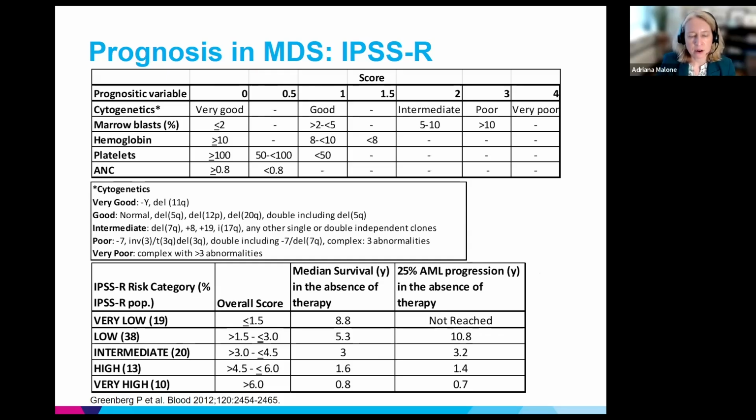The IPSS-R has an additional category, and so we have the very low, low, intermediate, high, and very high categories. Similarly, the median survival in the absence of therapy and the time to the progression to AML also decreases as the IPSS-R risk score increases.